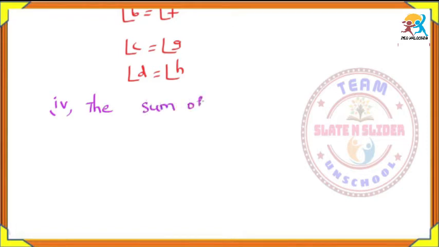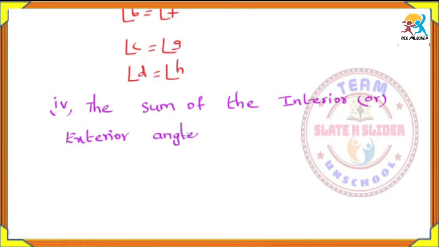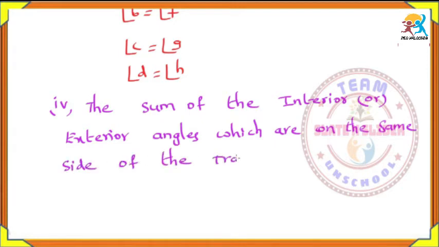The sum of the interior or exterior angles which are on the same side of the transversal is 180 degrees. This is possible only when L and M are parallel. If they are not parallel, we cannot say that their sum is 180 degrees.